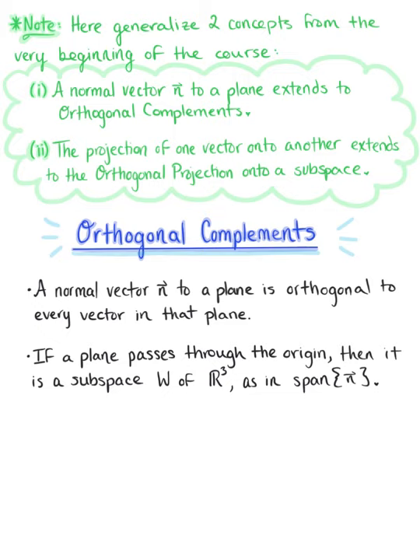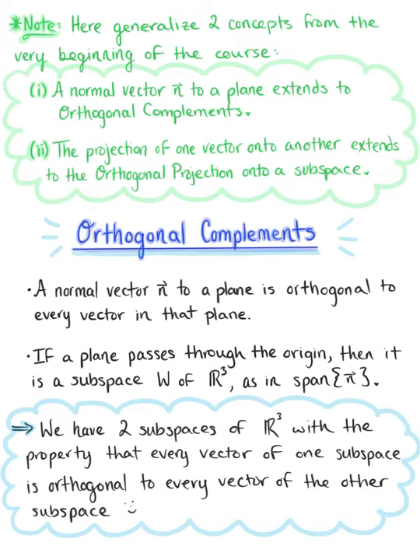So in other words, we have two subspaces of R3 with a property that every vector of one subspace is orthogonal to every vector of the other subspace. Now, this is the main idea behind the definition of an orthogonal complement. So let's take these ideas and define our formal definition.